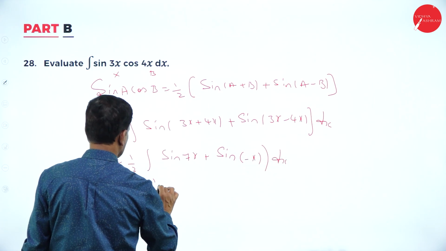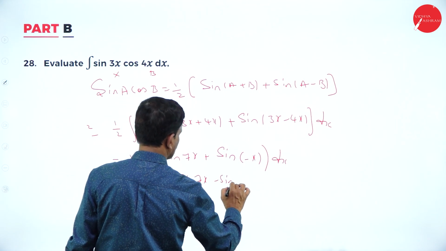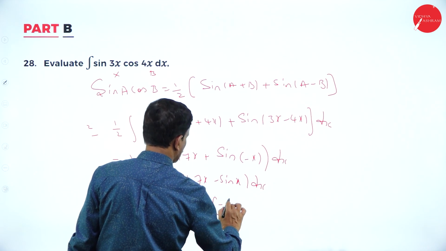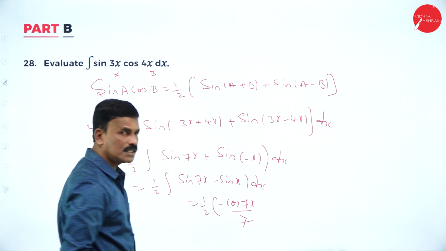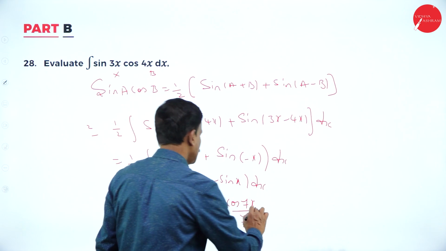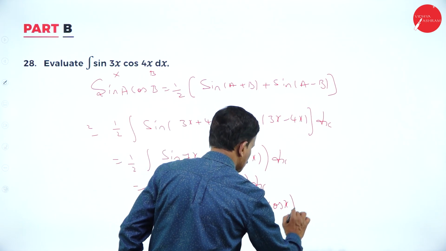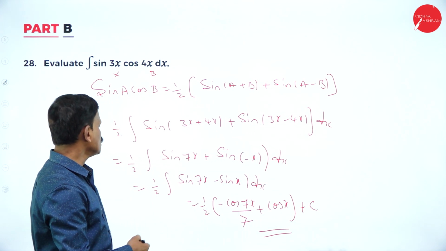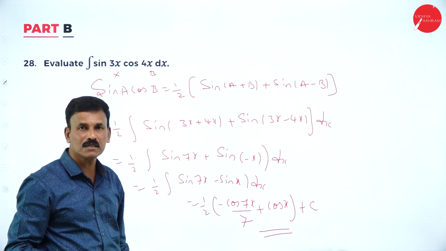So this can be written as half into the integral of sin 7x minus sin x dx. Now integrate it. Half into the integral of sin 7x is minus cos 7x by 7. The integration of sin ax is minus cos ax by a, so minus the integration of sin x is minus into minus, plus cos x divided by 1, plus c, that is nothing but cos x. So half into minus cos 7x by 7 plus cos x plus c is the integrated answer.